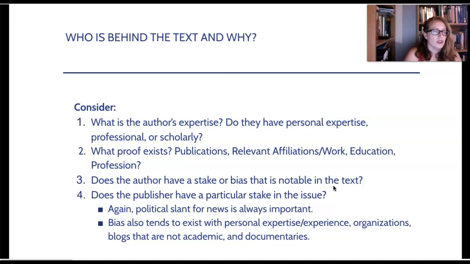Especially if it's super opinionated, usually you can tell bias because you can hear a lot from the writer, often not as much from sources, and you can hear a lot of very emotional language and very strong language when they're talking about the issue.